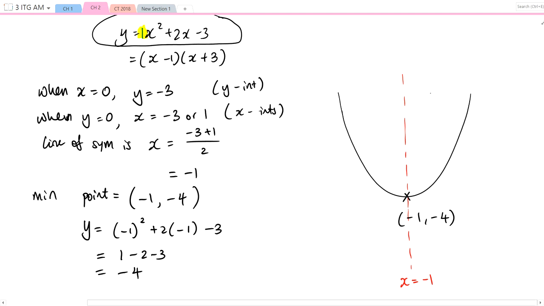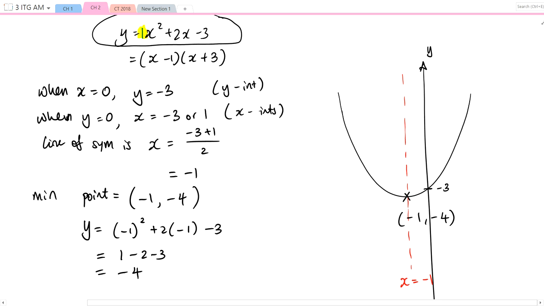So suppose this is my y-axis, and keeping in mind that the y-intercept is -3. Okay, let's draw another. So this being my y-axis, this has to be my y-intercept, and according to our calculations earlier on, this value is -3.